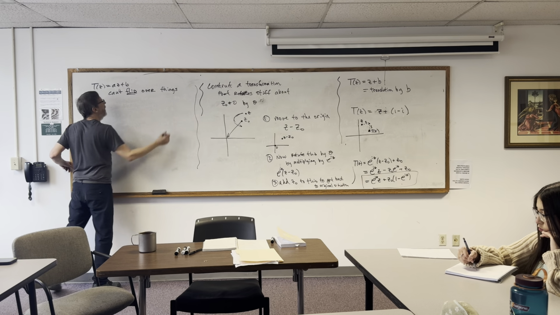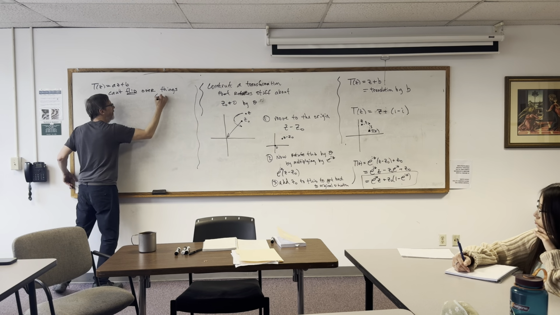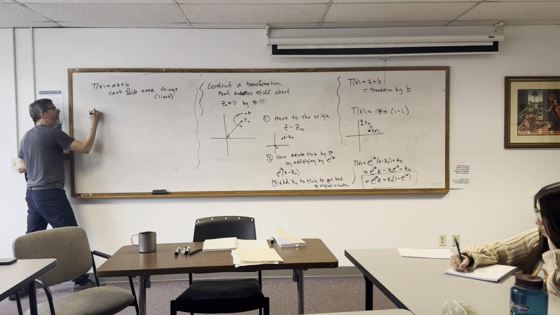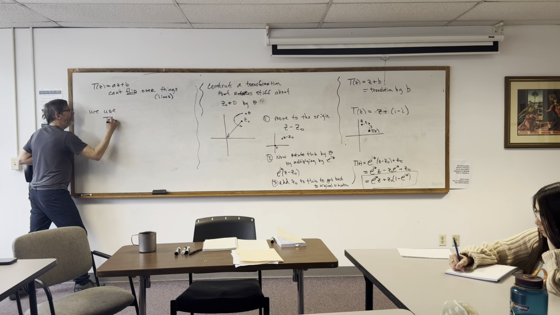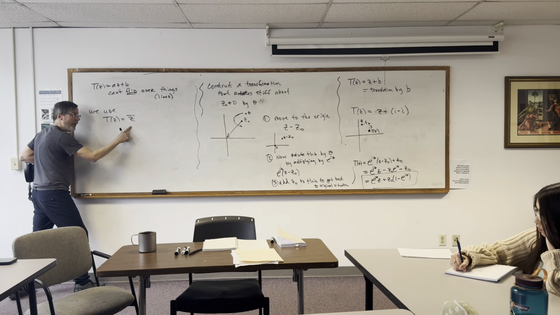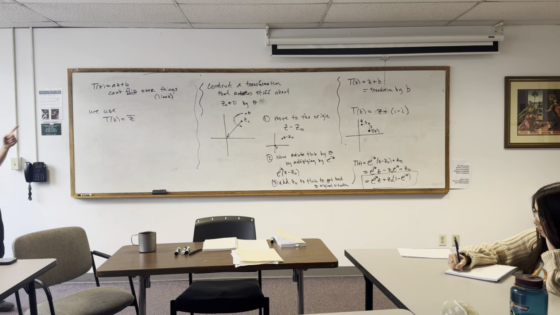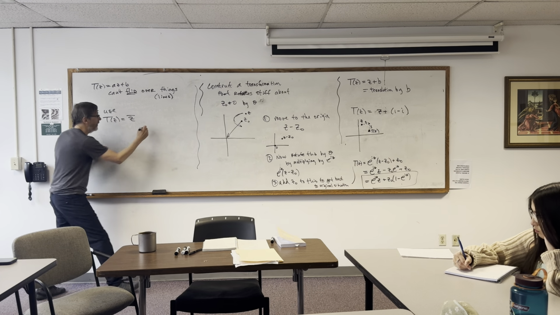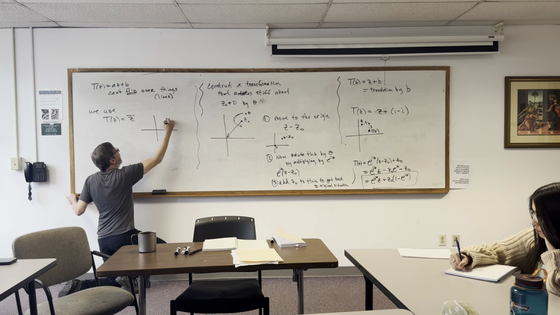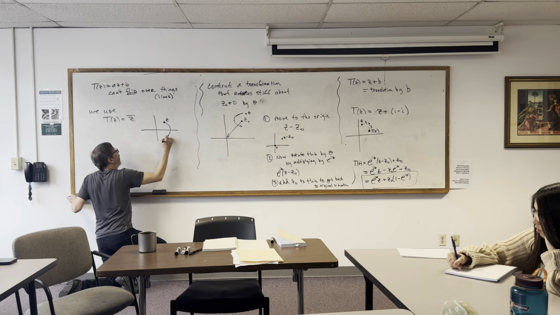And when I say things, I mean lines here, essentially. To do that, we use Z conjugate. So the only way you can flip is through conjugation, and the only thing you can conjugate is across the x-axis. So this takes Z and flips it over the x-axis.